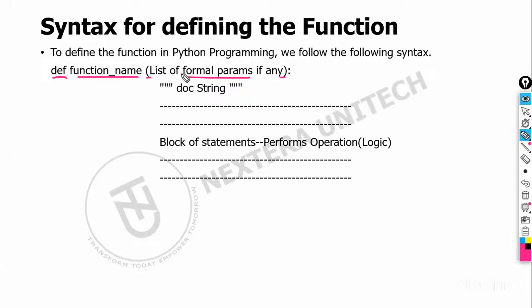Next to it we have the indentation symbol, followed by a docstring and our block of statements. The operations that have to be executed and performed are kept under this block of statements.